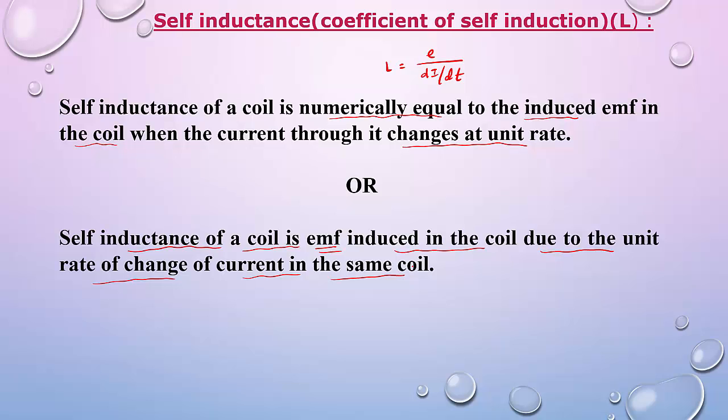What is self-inductance? EMF induced in the coil due to unit rate of change of current in the same coil is called self-inductance, and it is denoted by L. L equal to E divided by di divided by dt.